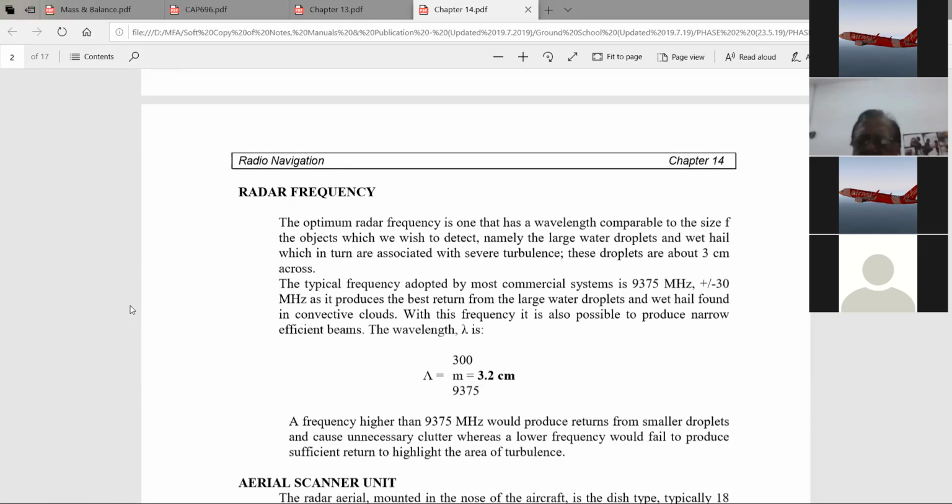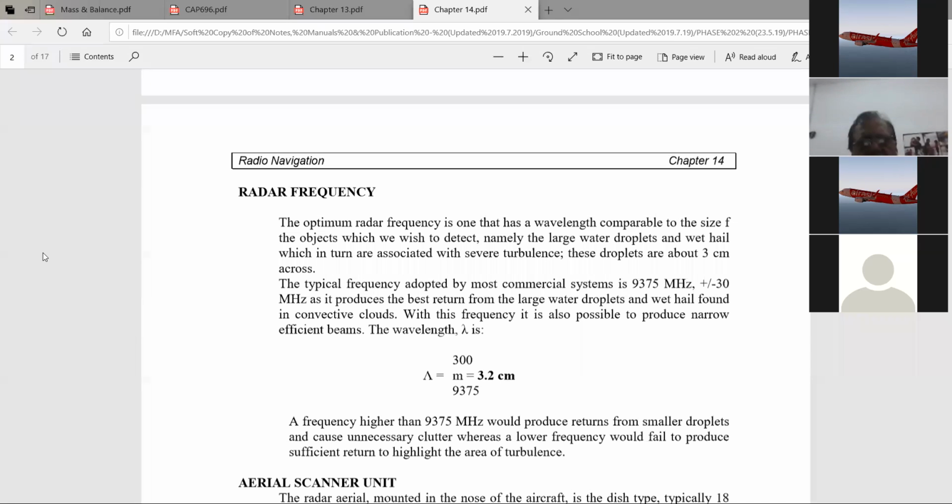Invariably, the frequency used by the weather radar is 9375 megahertz, plus minus 30 megahertz. 9375 is the general frequency, plus minus 30. If you work out the wavelength for this frequency, it will be approximately 3 centimeters.